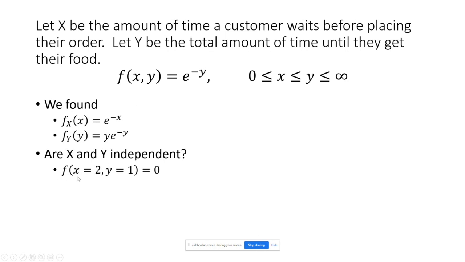So for example, let's take the density function at x equals 2 and y equals 1. And that's going to be 0 because it has x greater than y. So our joint density function here does not apply.